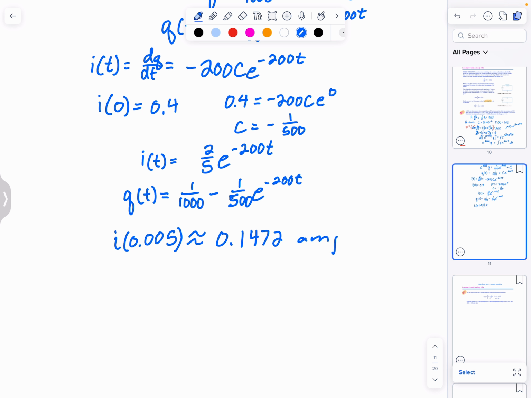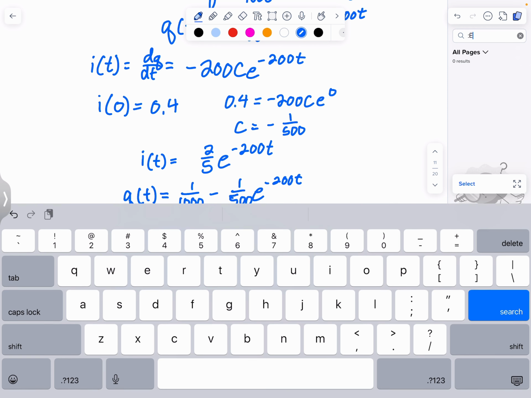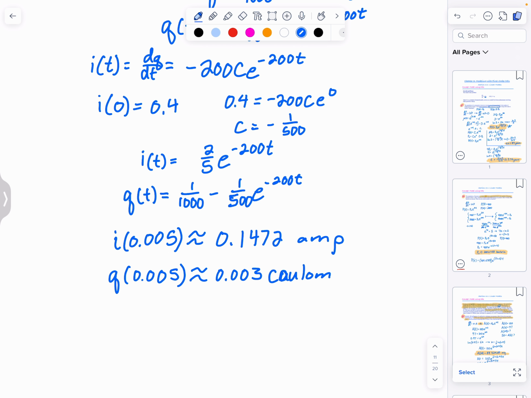And this is measured in amps. And then Q of 0.005 is 0.003. And then this is, let me spell that correctly, some measurement of Q. I don't know what is happening up here, why my iPad's being weird. One sec.